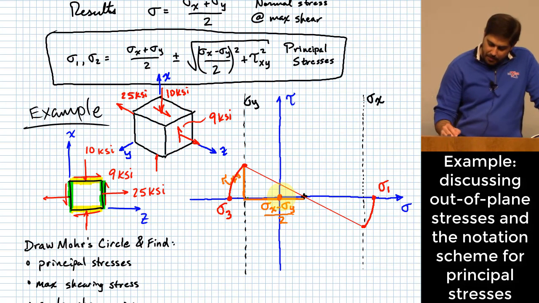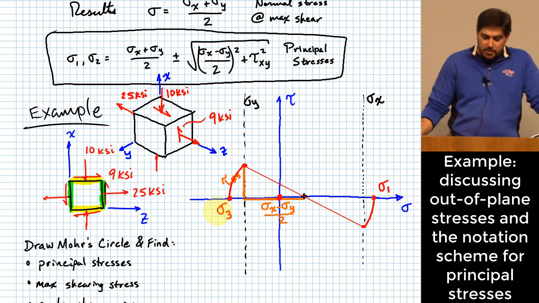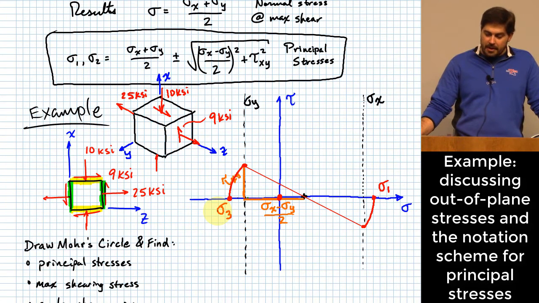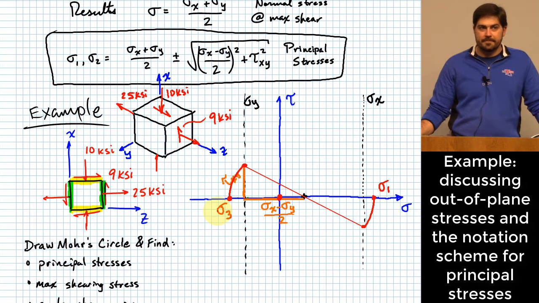And one of the reasons I'm numbering them like this is I'm going to get you used to some common notation that is used whenever we're dealing with principal stresses. Usually what is done is you order them such that the one that is the most positive, right? That doesn't actually mean it will be positive. It's the one that's furthest along the positive number line.